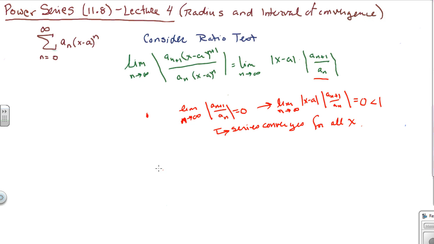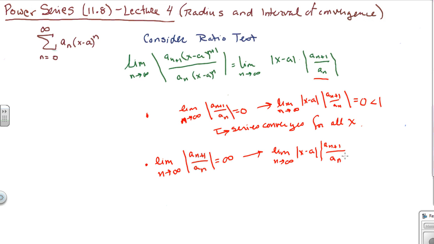What's another thing that can happen? Well, we could have the limit as n goes to infinity of a n plus 1 over a n be infinity, right? Well, what does that tell us? Let's look at the limit as n goes to infinity of x minus a times that. Well, x minus a is just a constant.